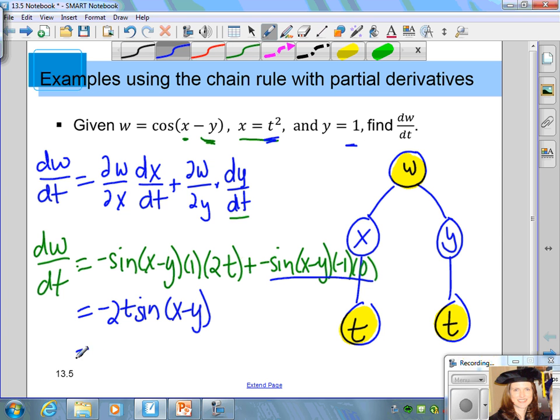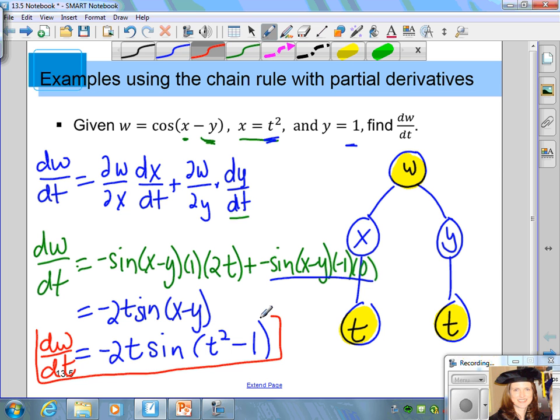So we get this all in terms of that single variable t. So it's going to be negative 2t times the sine of x, which is t squared, make that substitution, minus y is your minus 1. So that is our derivative of w with respect to t using the chain rule for partial derivatives.